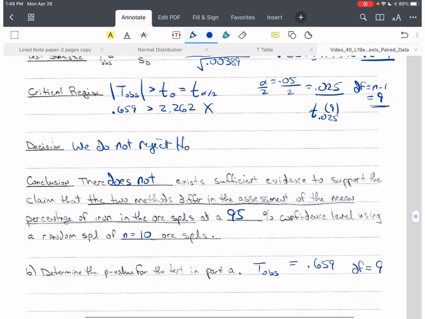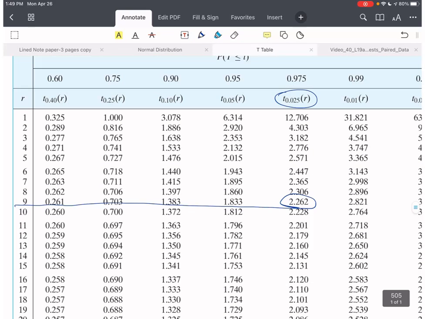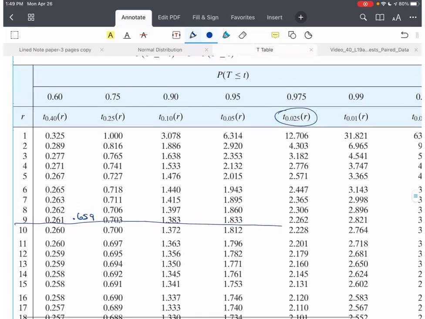So we're looking at the table with line 9 for degrees of freedom, and we want to see between what two values our test statistic value falls. And 0.659 is going to be between these two values.